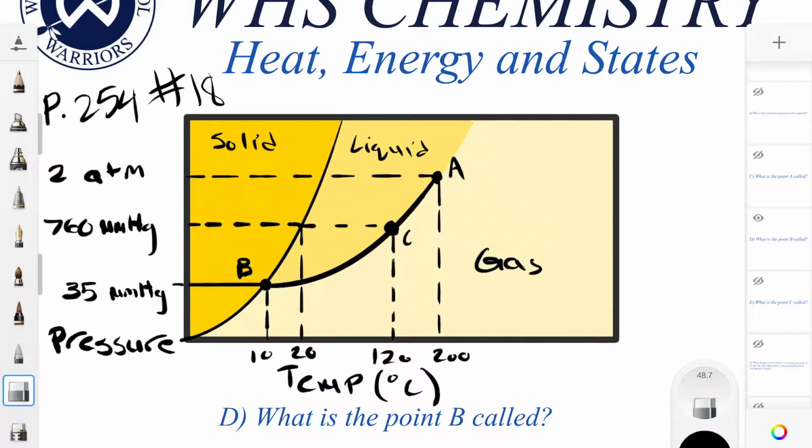It is a specific temperature and specific pressure where the compound is in equilibrium, and it is all three states at once. This is a very rare occurrence. It does not normally happen naturally, but rather it has happened in a lab setting most of the time. So label this the triple point.